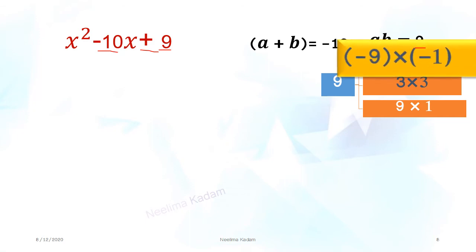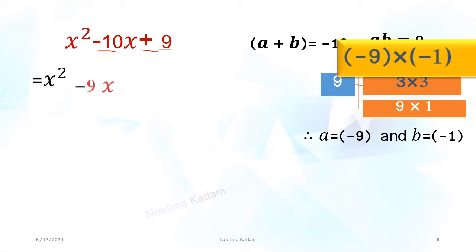Okay, so now let us write the trinomial x square minus 10x plus 9 in this form, that is equal to, see here, a equal to minus 9, b equal to minus 1. Therefore x square minus 9x minus x plus 9. Okay, last term as it is we have written, first term as it is we have written.